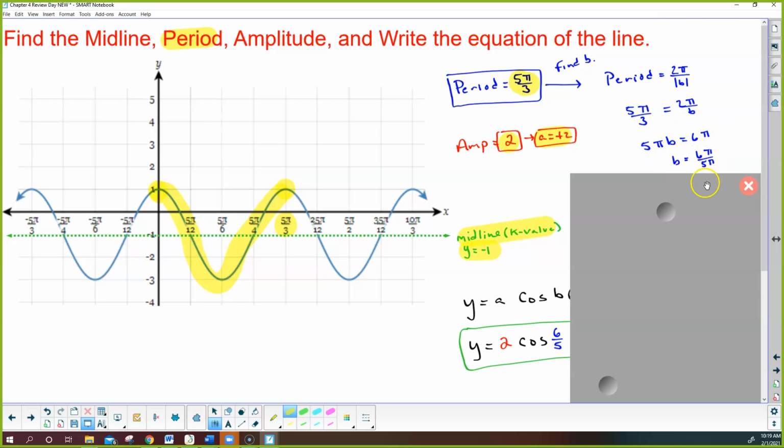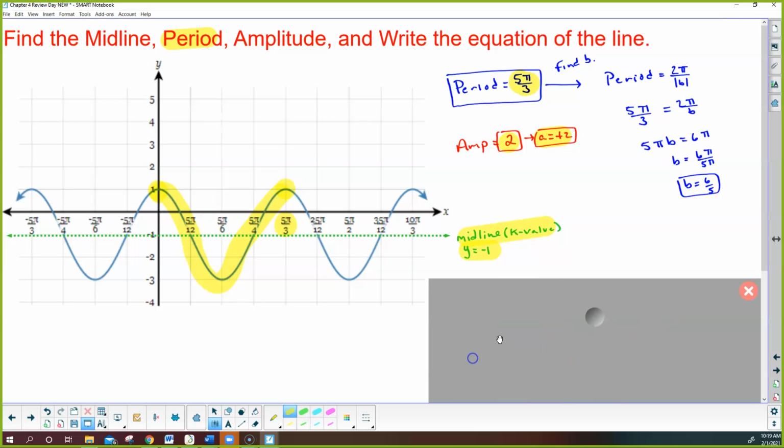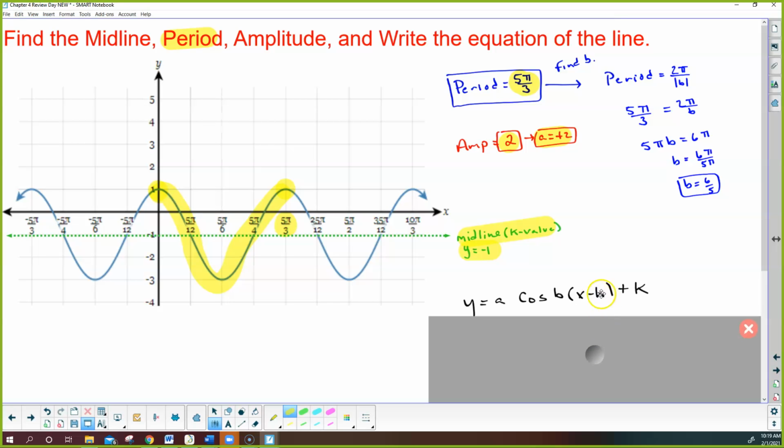Divide by 5 pi, the pi's reduce out, and I get b equals 6/5. Notice the period helps me find b, the amplitude is the a value, the midline is the k value. So between a, b, h, and k, what is the one that I don't know?